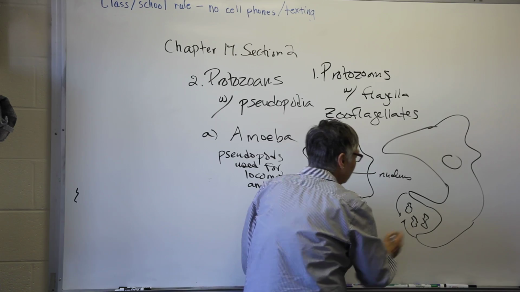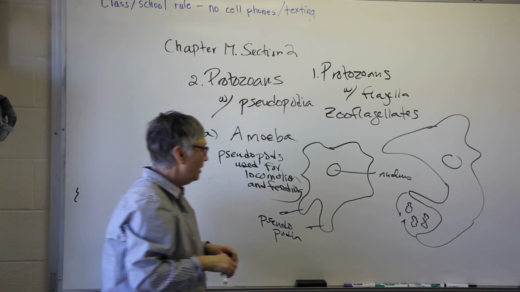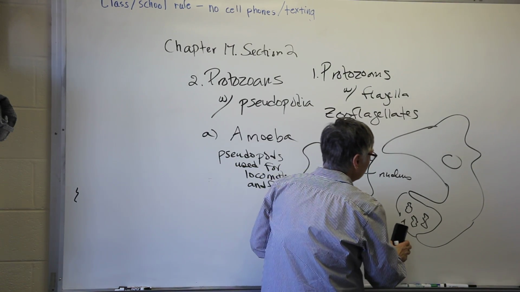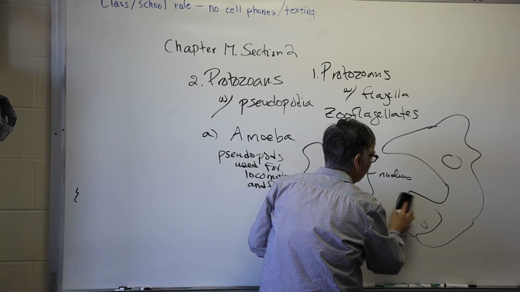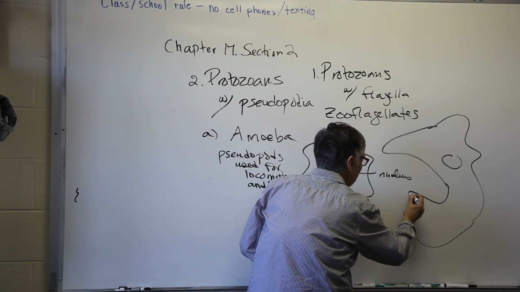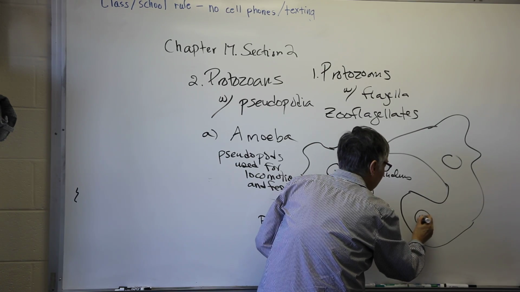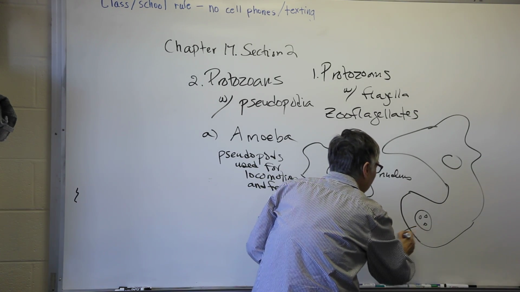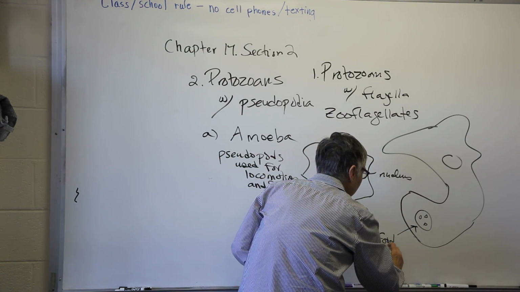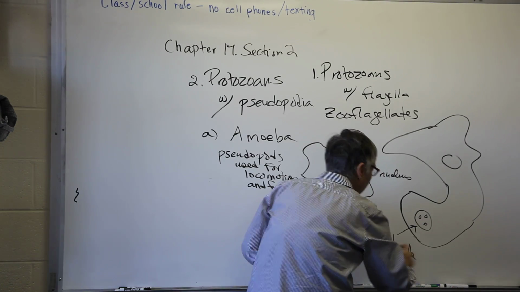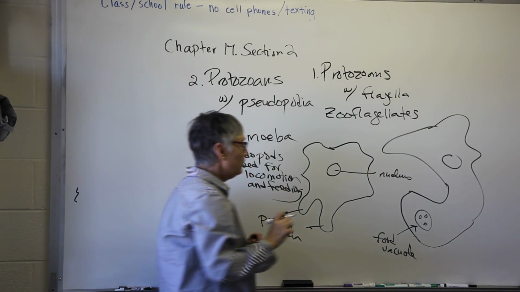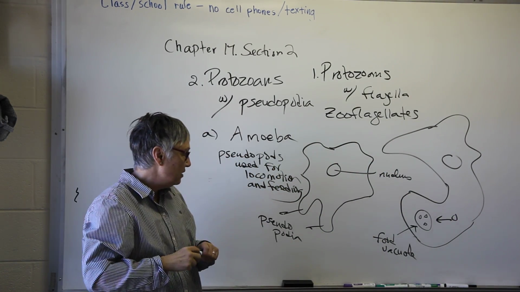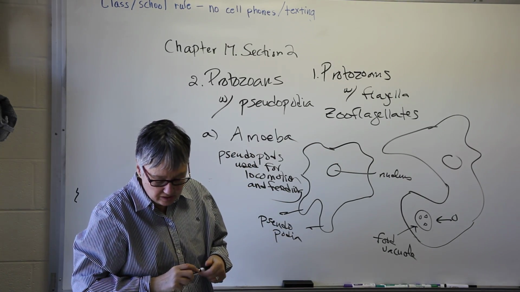So these 2 structures will meet and ultimately enclose the small cellular organisms, and those will become enclosed into a food vacuole and ultimately digested. So usually a lysosome, remember lysosomes, will also be involved in the digestion of those organisms.